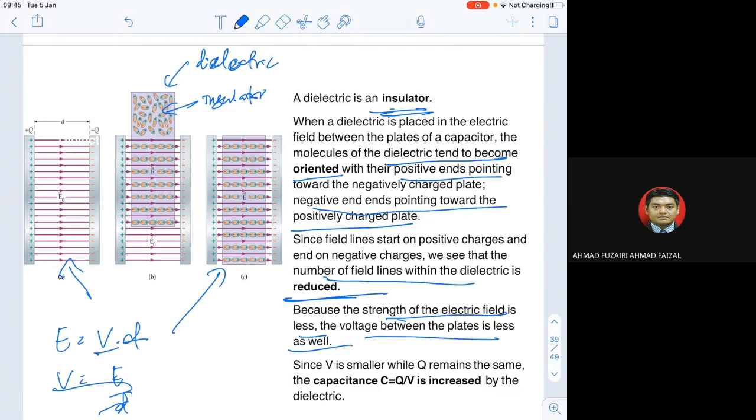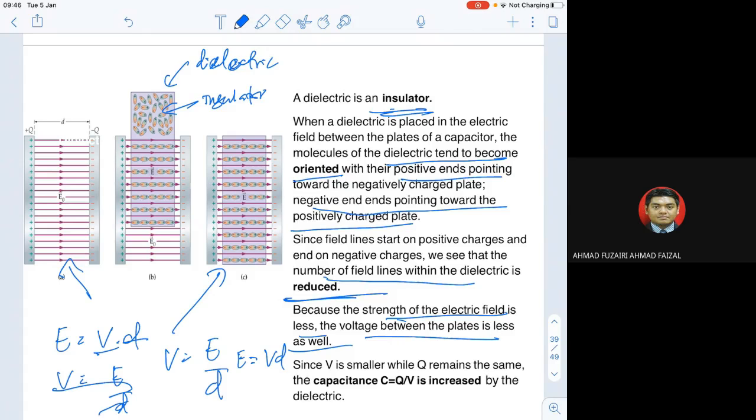So E equals V over D. So you can see that, right?